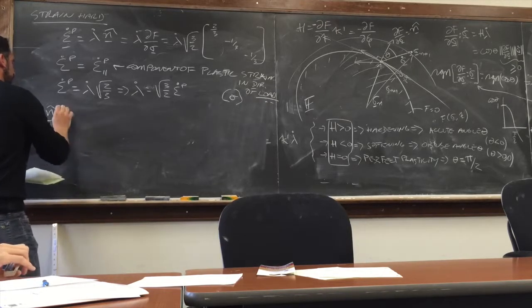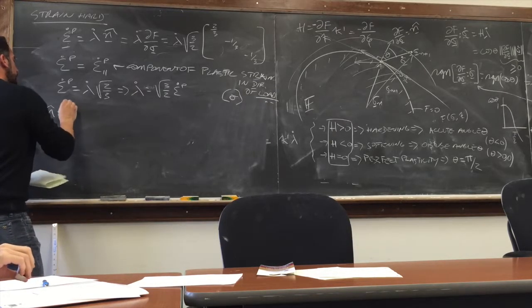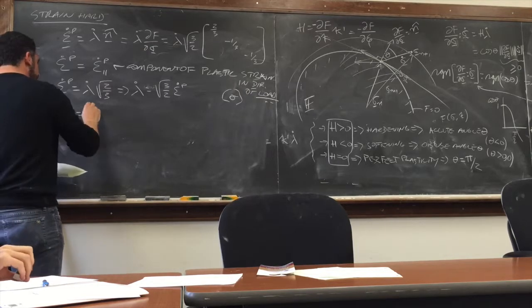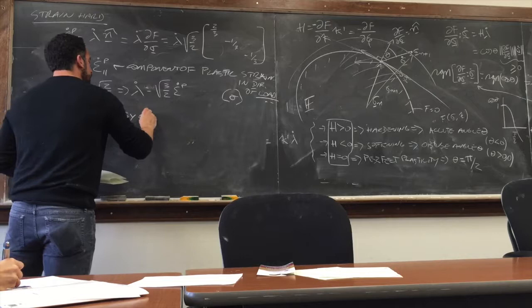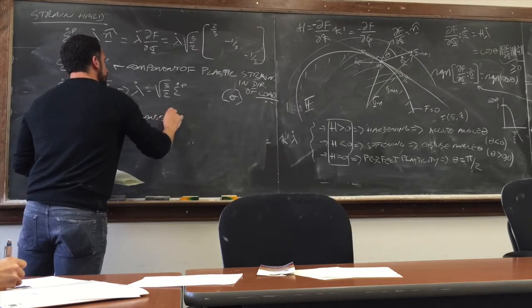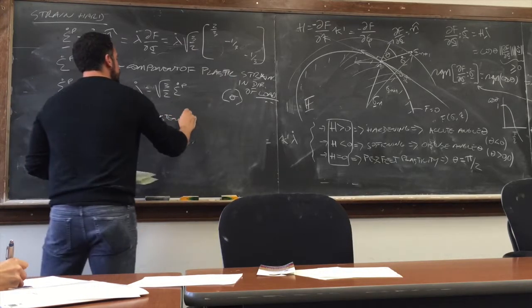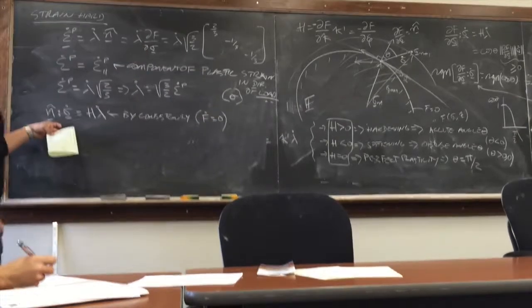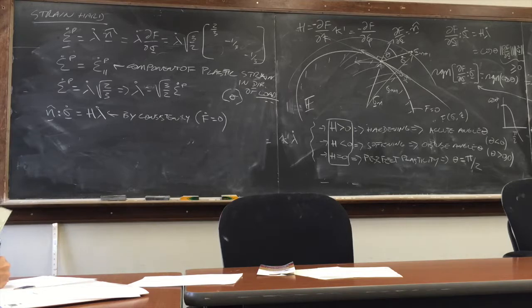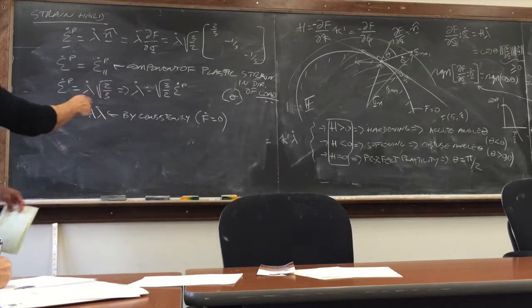Okay. N hat double contracted with sigma dot, we said has to be, this is by consistency, remember this came from f dot equals 0. Okay, this is true. So we just computed the left-hand side.